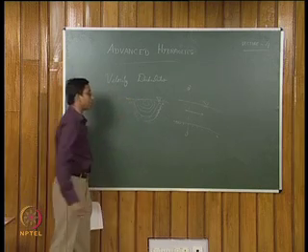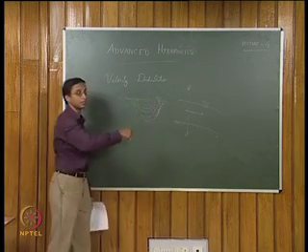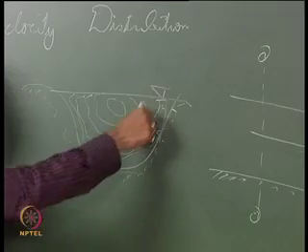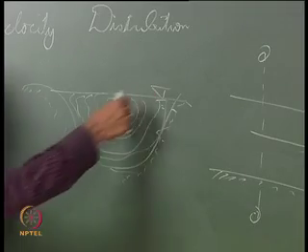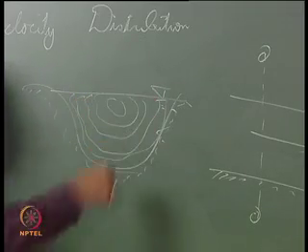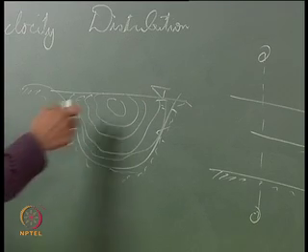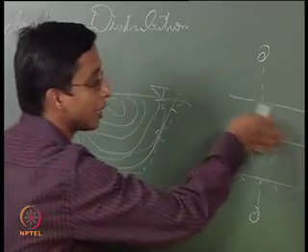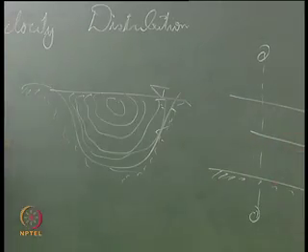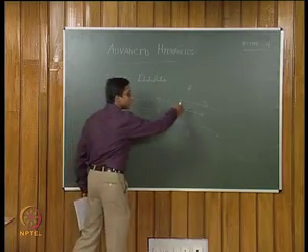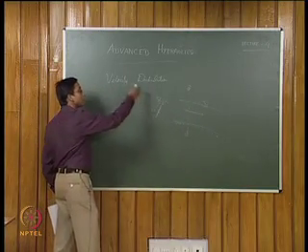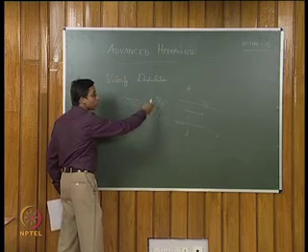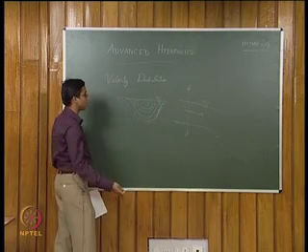You have seen that these are some isovels, that is, the lines plotting equal velocity. These contour lines show why this velocity change is there in the entire cross section. Even if the flow is steady in a channel, there will be velocity distribution in any cross section of the channel.